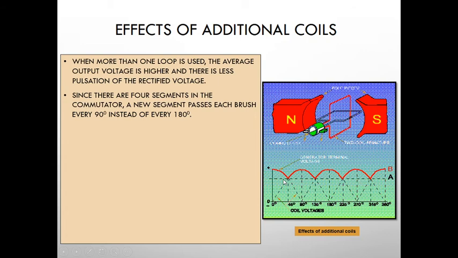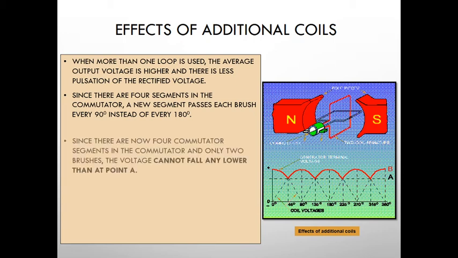Kung sa electronic, gamit na tag kapasitor, para ma-reduce na ang ripple voltage. Okay, so this time gamit niya number of loops additional, and number of coils.